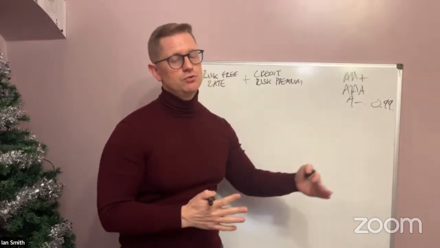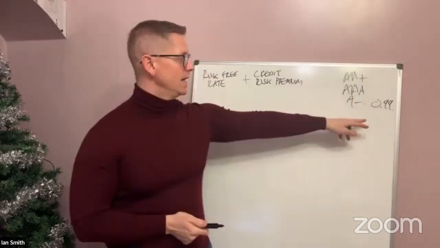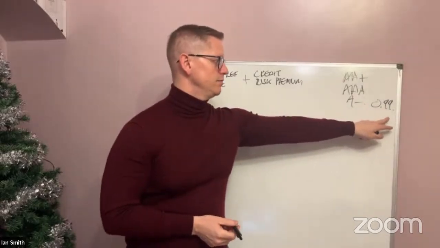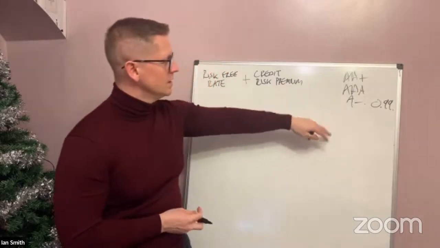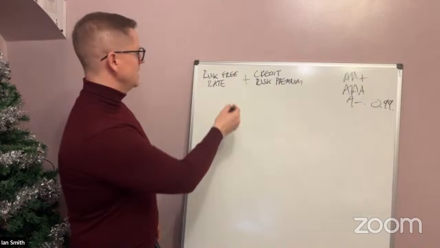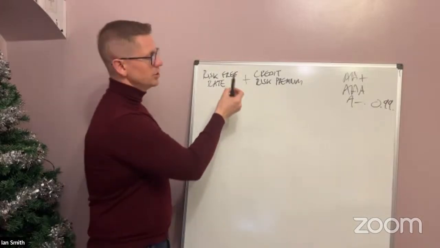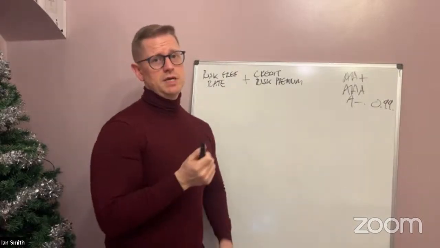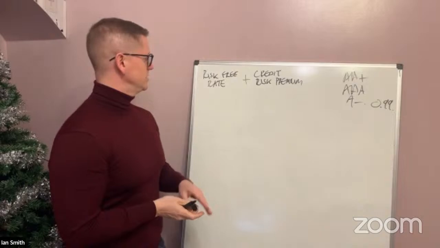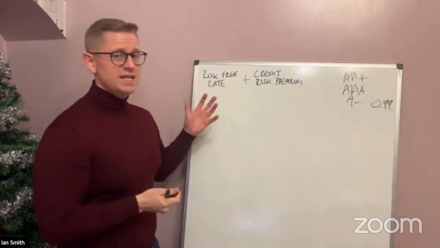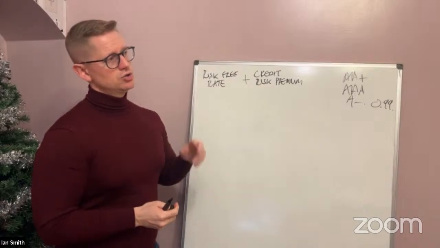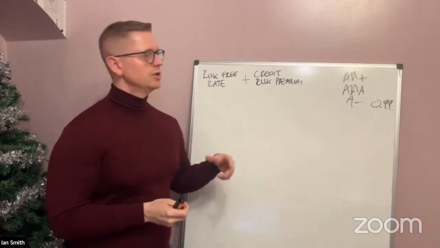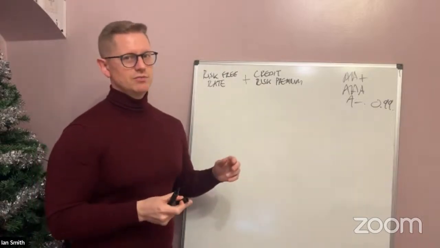A basis point is 1/100th of a percentage point, and debt premiums can be measured in basis points, especially if they're lower than 1%. And so, for example, if we look at the risk-free rate, it's quite a timely point to make with regards to rates in general, in that due to inflation, or trying to dampen inflation, rates have gone up like 13 times in a row.